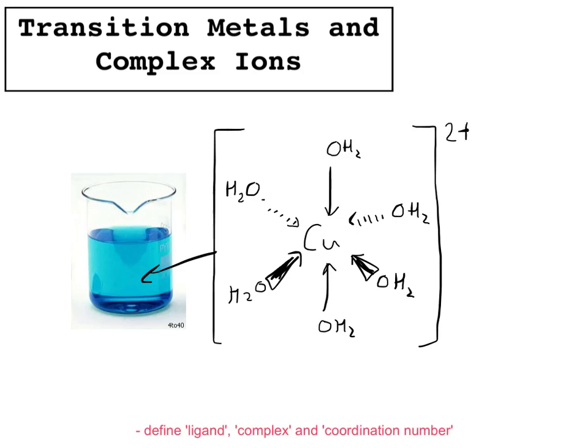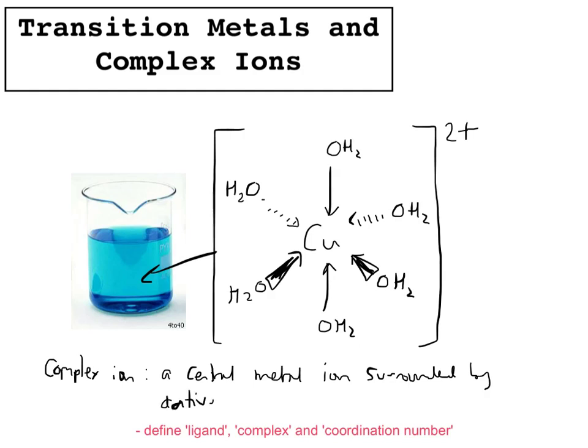So that is an example of a complex ion. A complex ion is defined by being a central metal atom, or central metal ion, surrounded by datively bonded ligands.